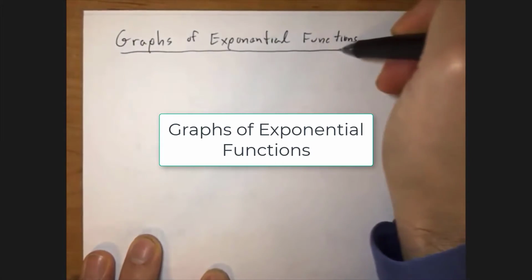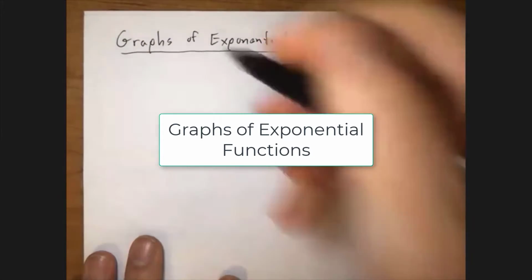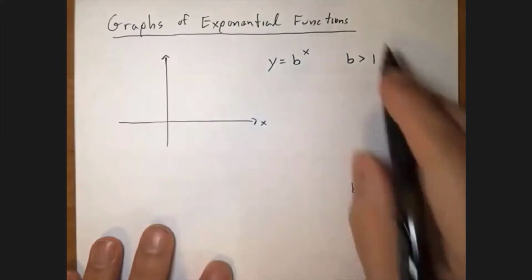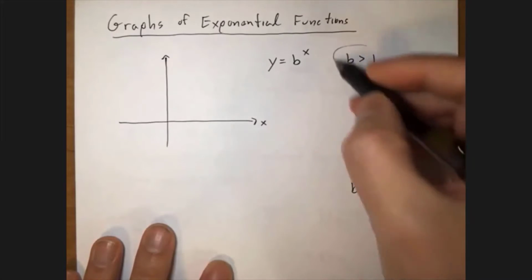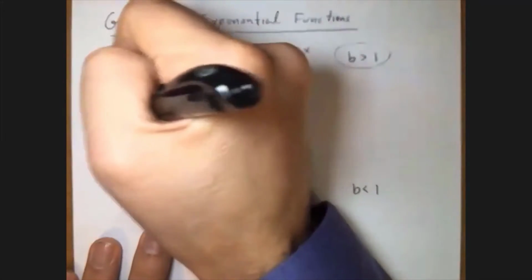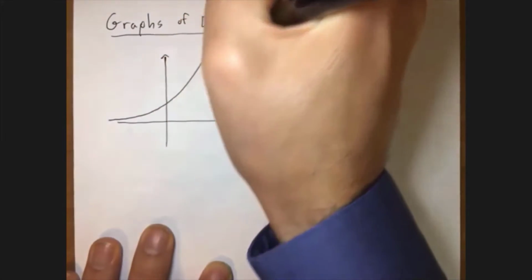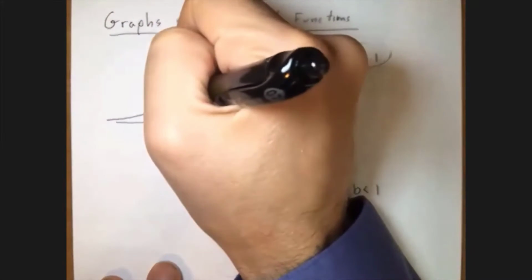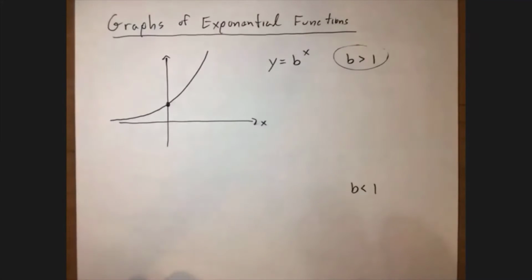Graphs of exponential functions. So in the case where b is greater than 1, this is the picture that we saw. And what we saw was that it crossed here at 1.